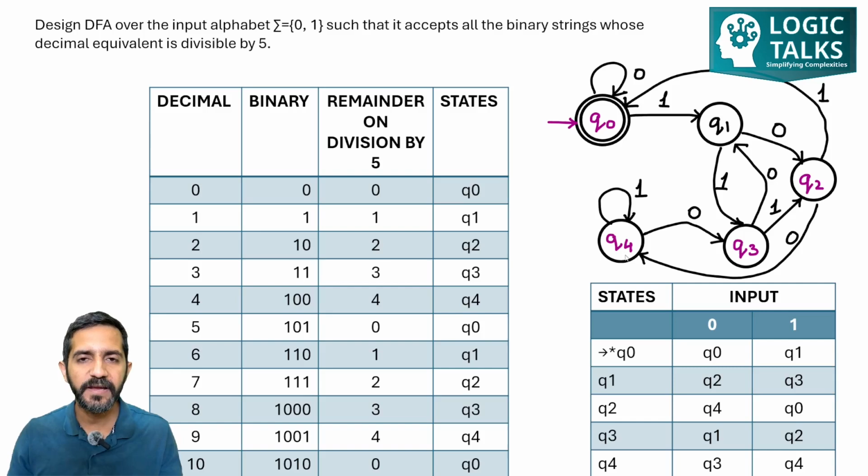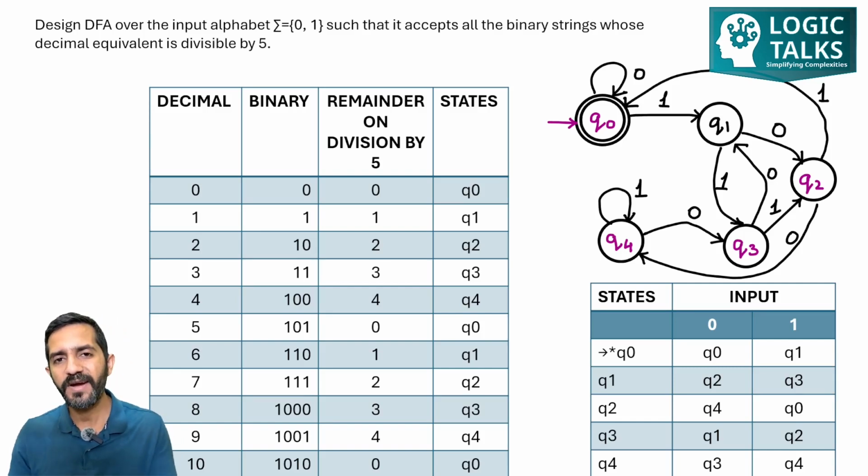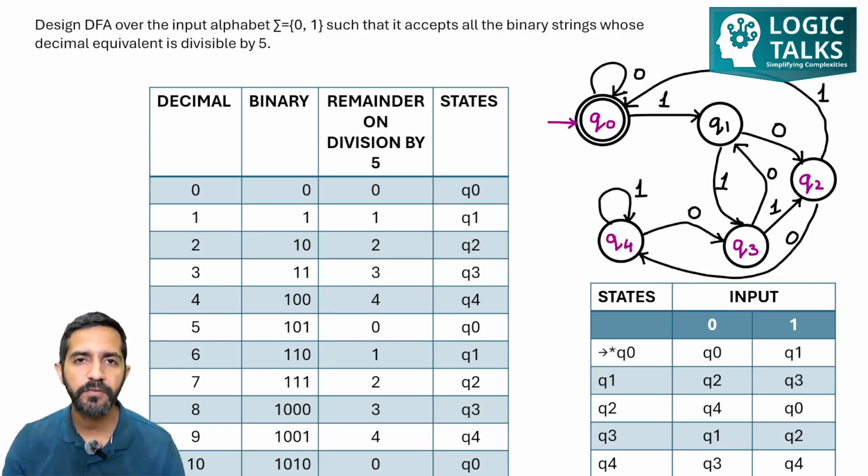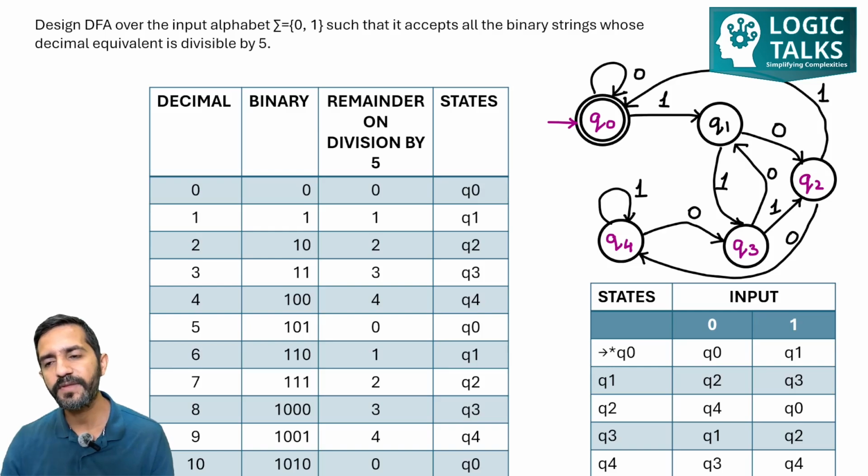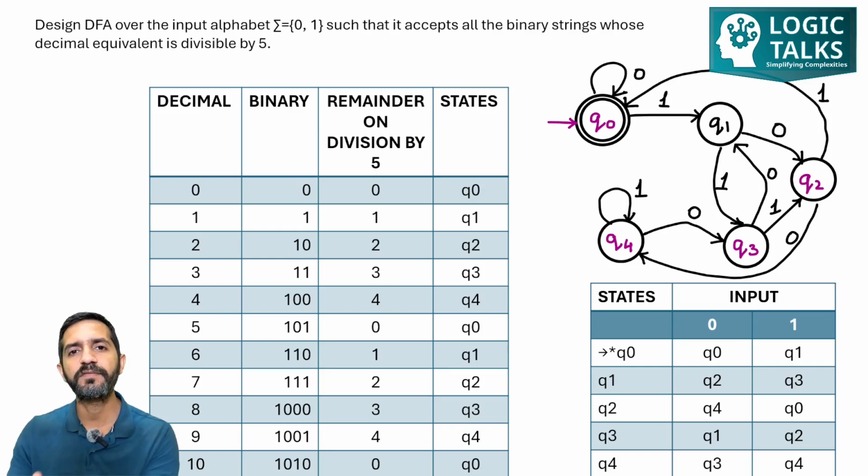If the number mod 5 should be equal to 3, you have to make Q3 the final state. If it gives you 2, you just need to modify the final state to Q2. If it is 1, you just need to modify the final state to Q1. Rest, everything will remain the same. You just have to modify the final state.